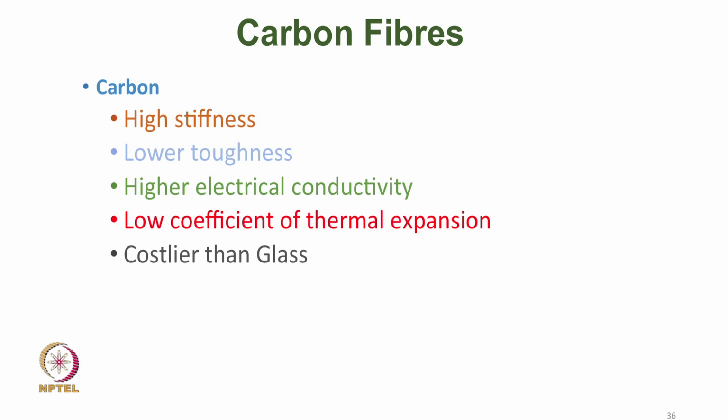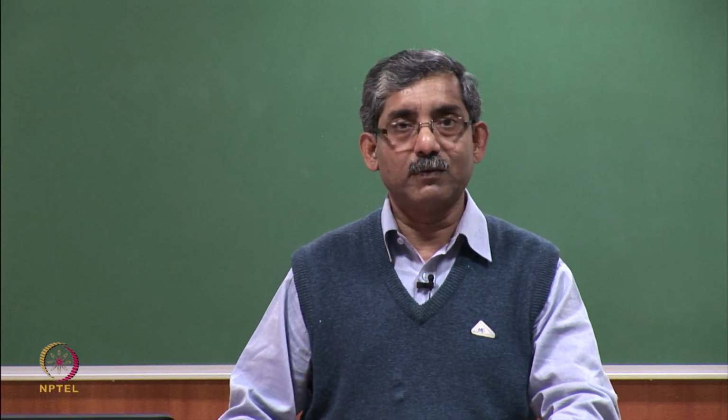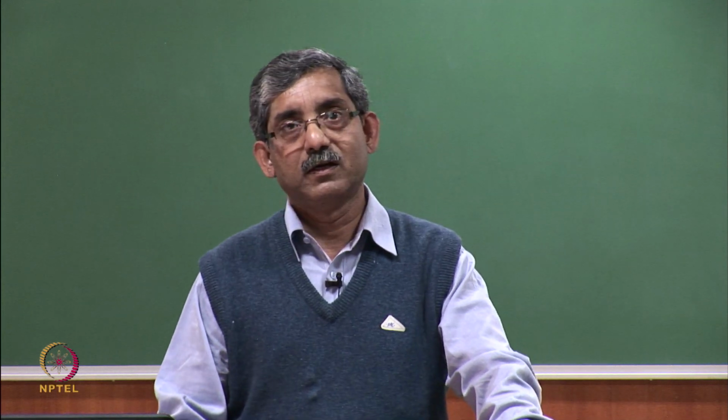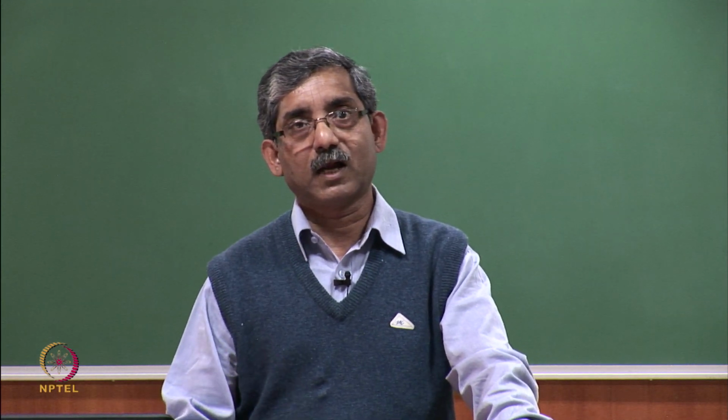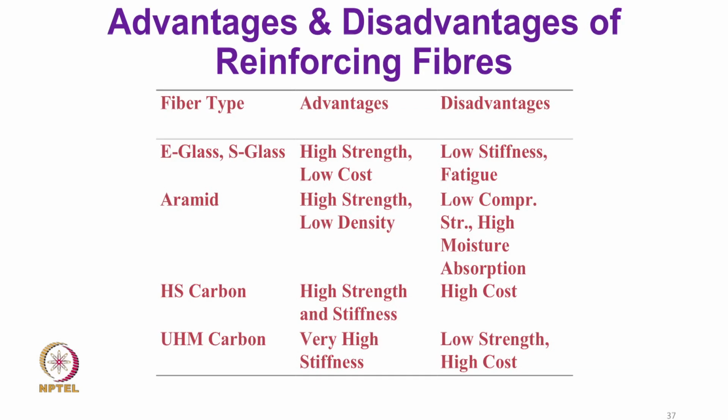So, the brittleness of this fiber is why the weaving or knitting of carbon fibers is problematic. So, one has to take precaution to convert the carbon fiber to preform. So, these are the advantages and disadvantages of different types of fiber.